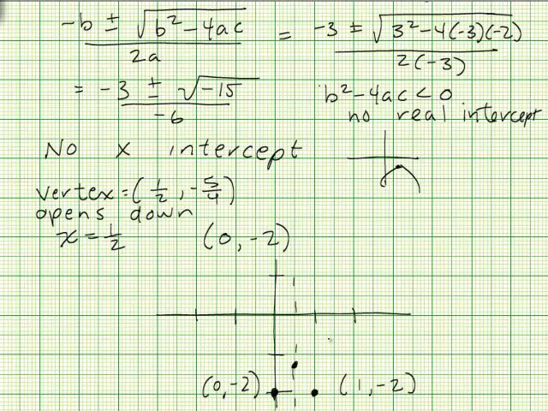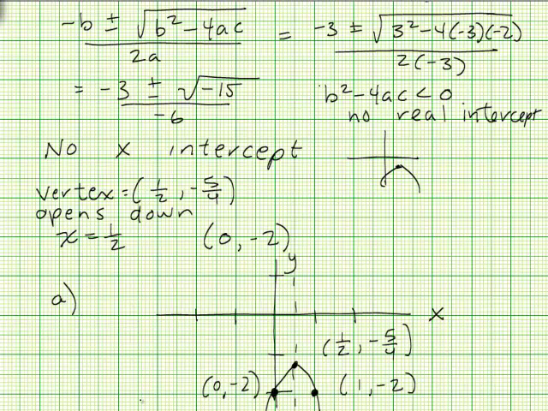And this, our vertex, is at 1/2, -5/4. And all we have to do is connect these, label our axes x and y, and we have our function graphed.